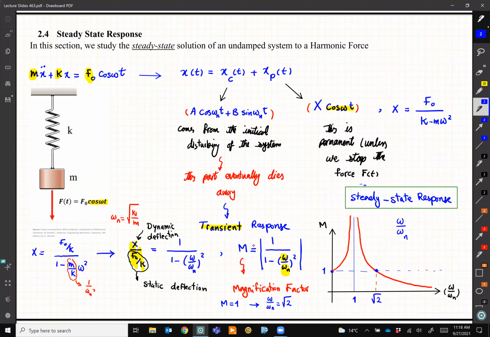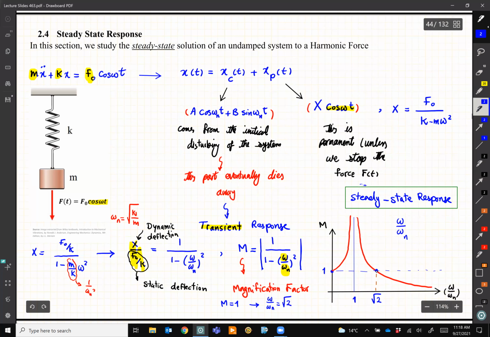Why is that the case? Yeah, if it's greater than root 2, then the magnitude is less than 1. All right, good point. Exactly. Yeah, that's correct. Not overdamped. Overdamped is a different terminology, but you are on the same path. That's correct, both of you.